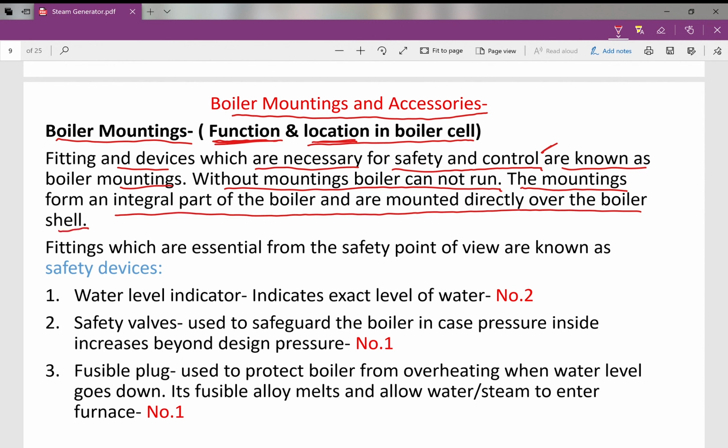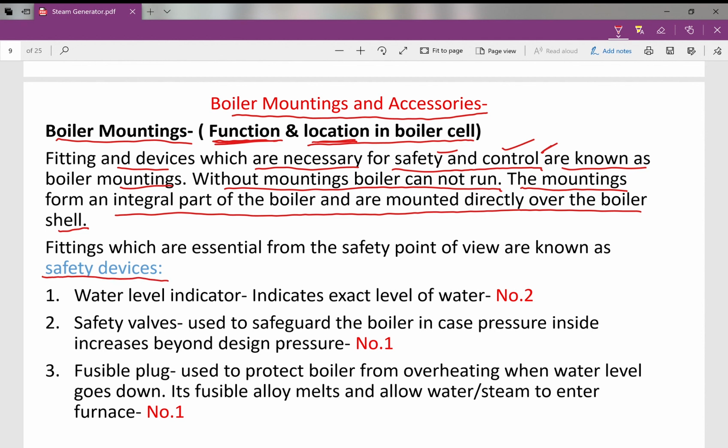These devices are mounted on the outer shell of the boiler, or some devices are located inside also. They are used for three purposes: safety, control and maintenance. So first let us go through the devices which are made for safety.